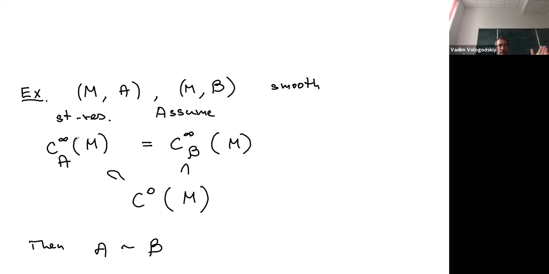Usually you need some additional argument to show that such a smooth structure exists, but at least this subring determines it uniquely. So this is an easy exercise.